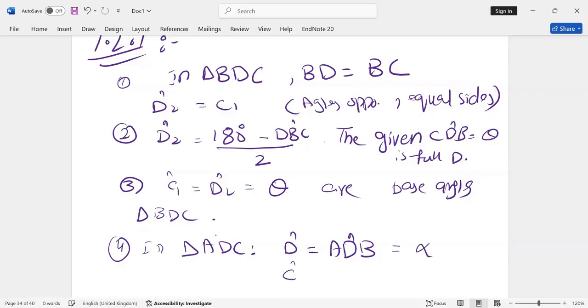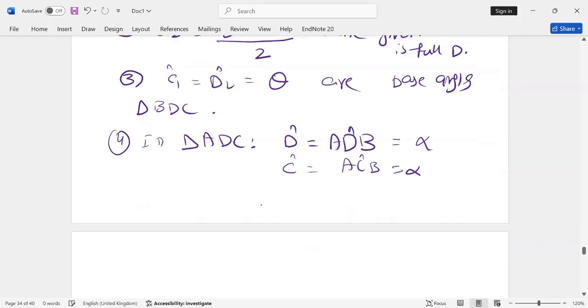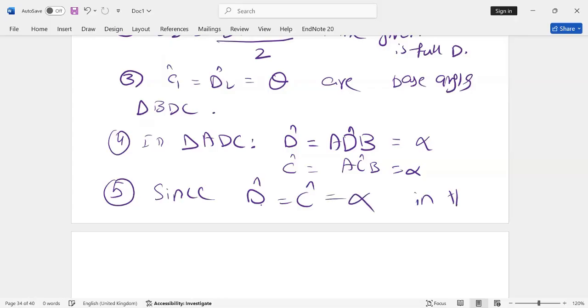The fifth point is that since D equals C and both are equal to alpha in the main triangle ADC, the sides opposite are equal, so we write AD equals AC. This is the required thing that we needed to prove in this question.